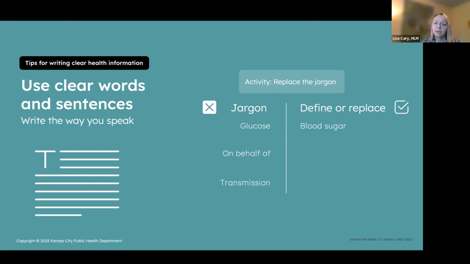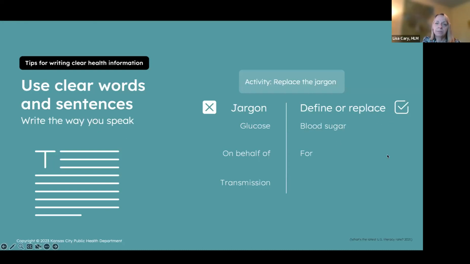Who's recommending? So it sounds like just stating the doctor or the agency recommends, and just saying "for" instead. Yeah, that's a hard one.